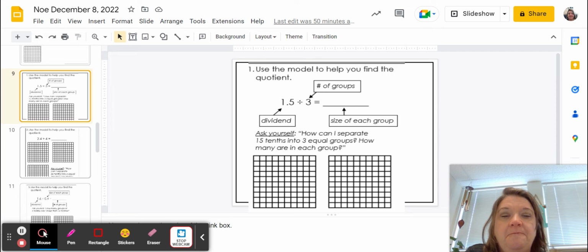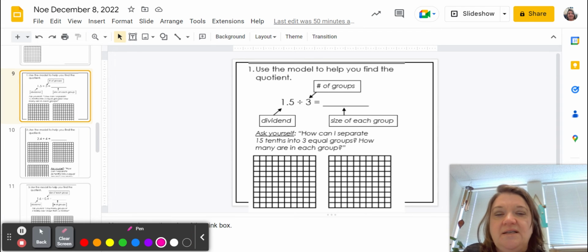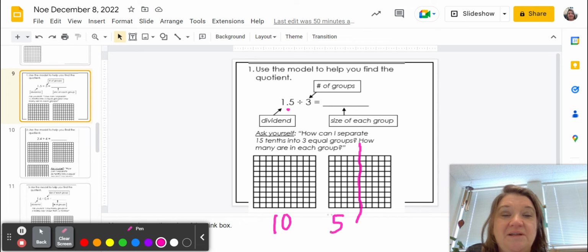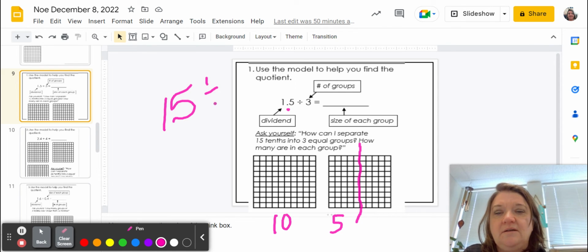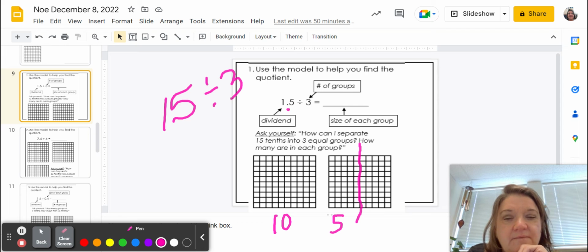So if I have 15, that's what this is, 15 of these pieces, right? I'm going to need all of these 10, and I'm going to need 5 of these. And I've divided them into 3 equal groups, right? So it's the same as 15 divided by 3.